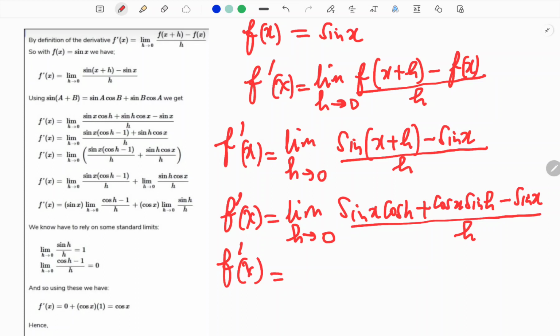Right, so we group some like terms here, and we obtain the limit as h approaches 0.